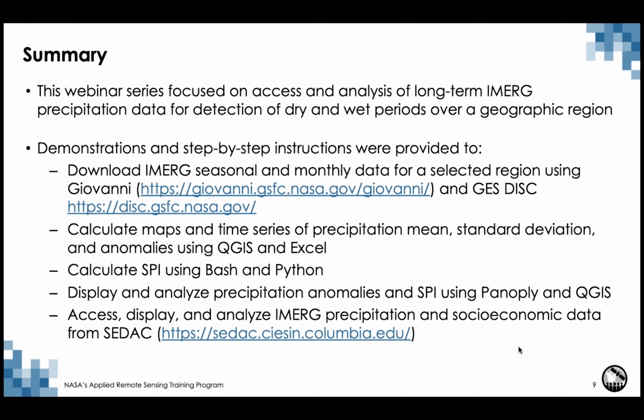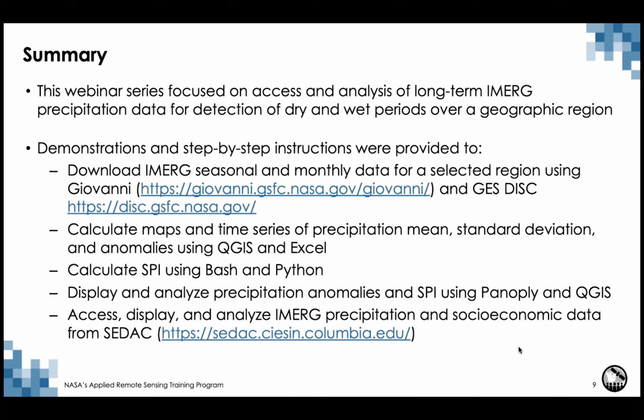Calculate maps and time series of precipitation means, standard deviation and anomalies in QGIS. Also, we did an exercise in which you focus on a small polygon within which, using Excel and QGIS, you can find out mean, standard deviation, and percentile values of precipitation. Calculate SPI using Bash and Python, and display these results in Panoply and QGIS.